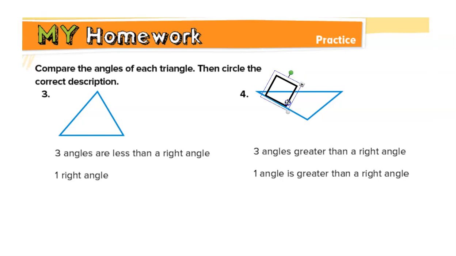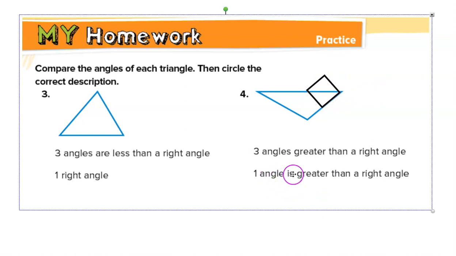Here you go. So this one cuts into the square. So this angle is less than a right angle. And then this angle is also less than a right angle. So then the answer is 1 angle is greater than a right angle.